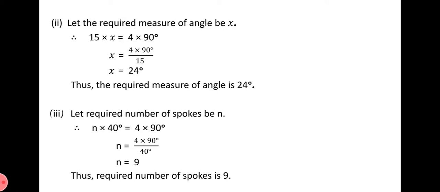Next, question number 4. If a box of sweets is divided among 24 children, they will get 5 sweets each. How many would each get if the number of children is reduced by 4?